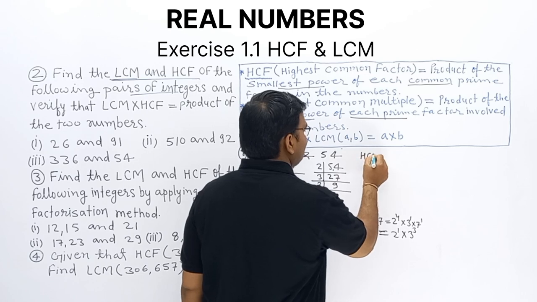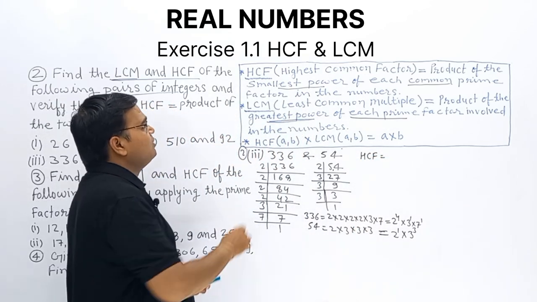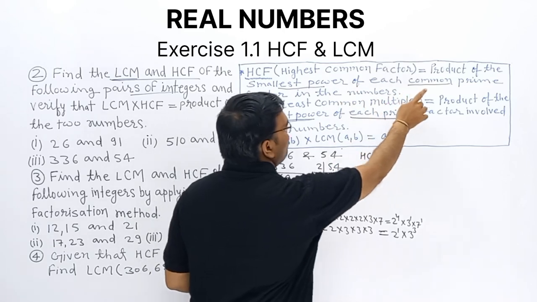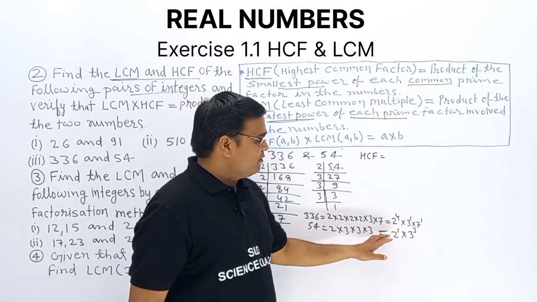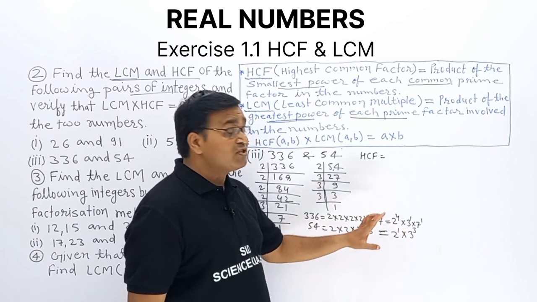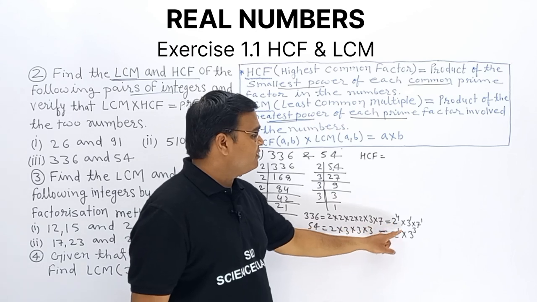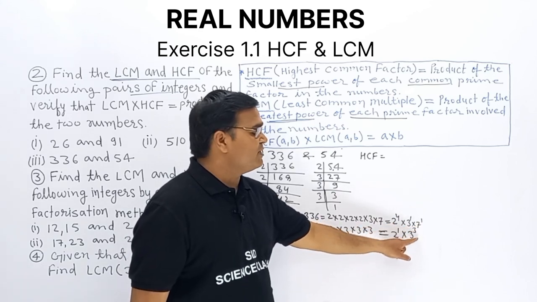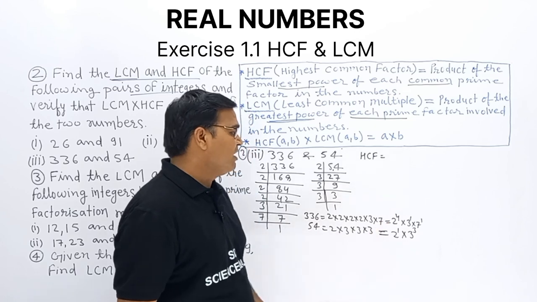First HCF, and what will be the HCF? HCF is the smallest power of common prime factor. Smallest power. We have written in the form of power. First check what prime number is common. 2 is common, 3 is common, 7 is there but 7 is not there in the other. यहाँ पर 2 और 3 ही common है, बाकी नहीं है.